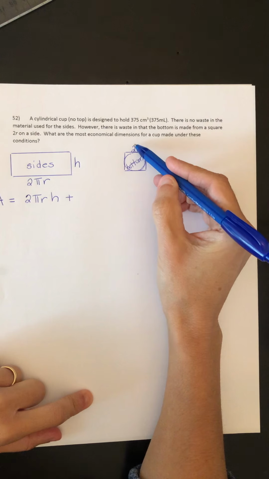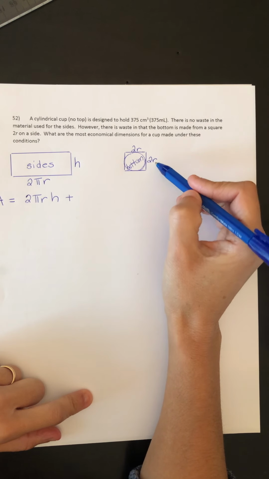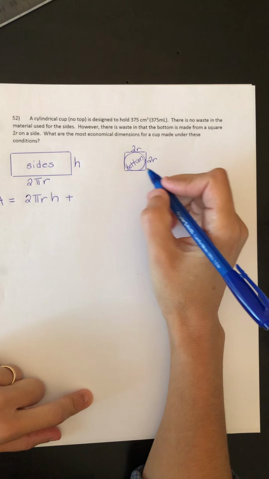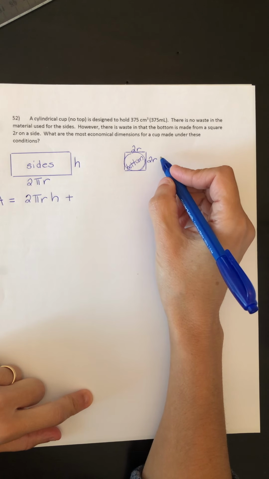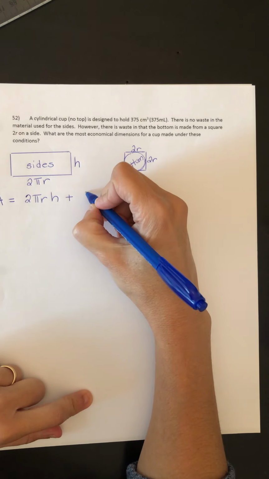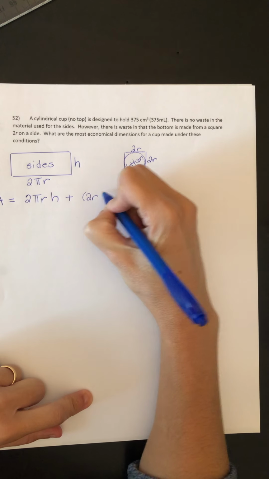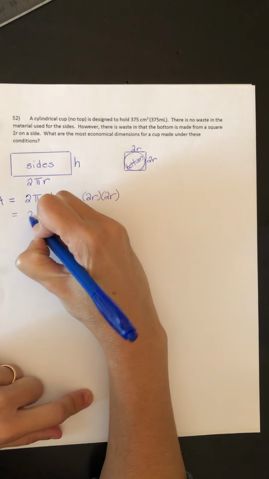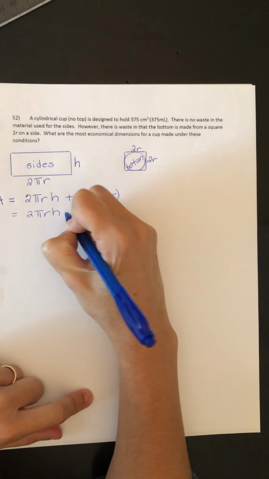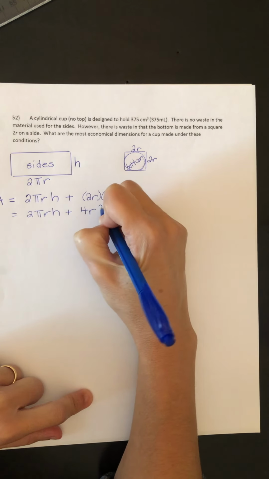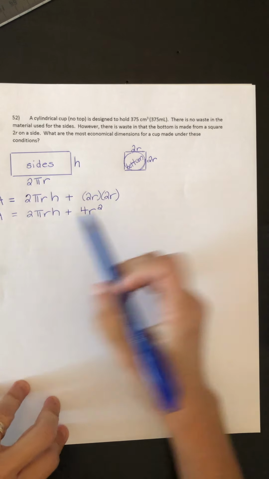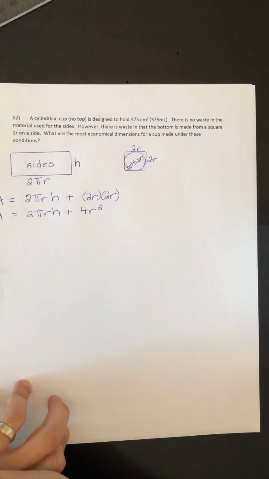So it's 2r multiplied by 2r, which is the same, of course, as 4r squared. So here is our area equation, and this is what we are trying to minimize.